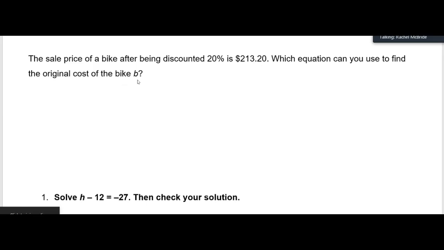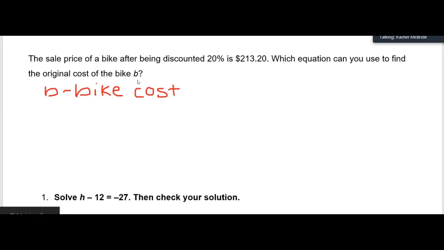B. So they already told me from the very beginning that I'm using the letter B to represent the bike's cost. If you get a discount, that means that you are removing the money from that cost.